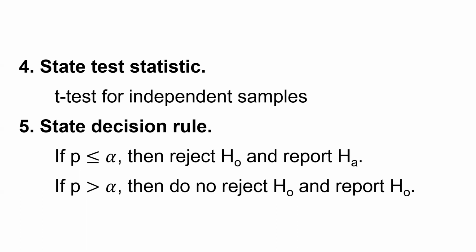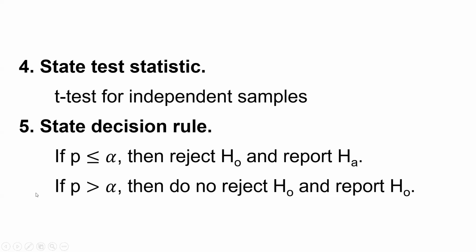And our decision rule, which is the same all throughout for our class: if P is less than or equal to our alpha, then we have to reject HO and report the alternative hypothesis. However, if P is greater than alpha, then do not reject HO and we have to report our HO.